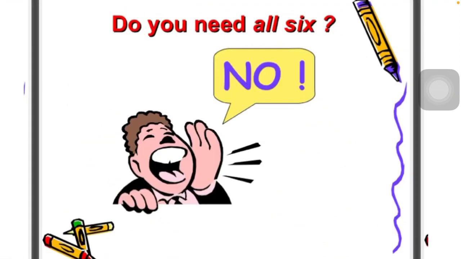The answer is no. We do not need all six all the time. At least we want three of them. Any three corresponding parts among all, whether it can be three sides, two angles and one side, two sides and one angle, anything. So let's study one by one.